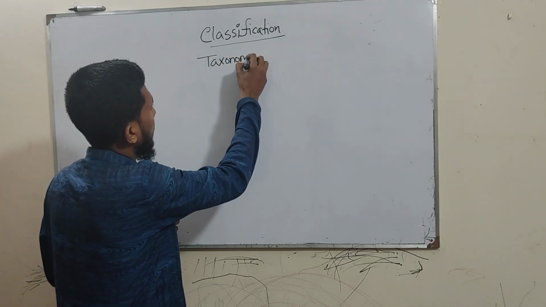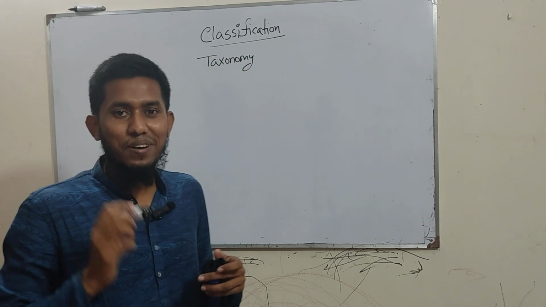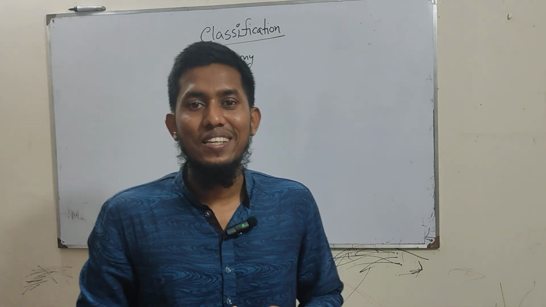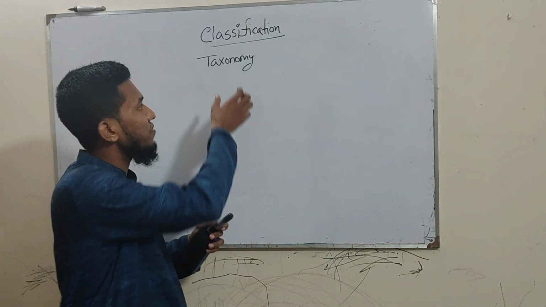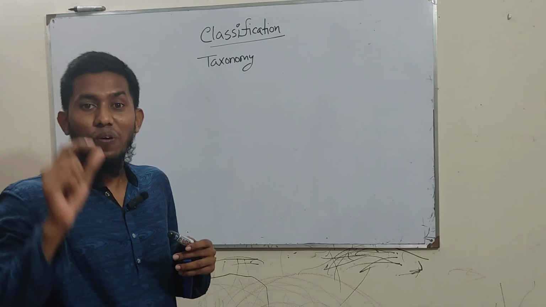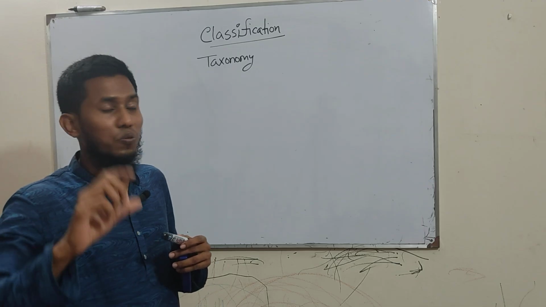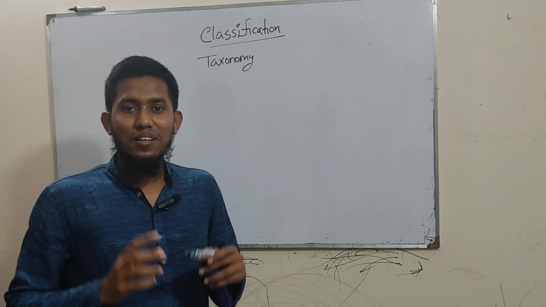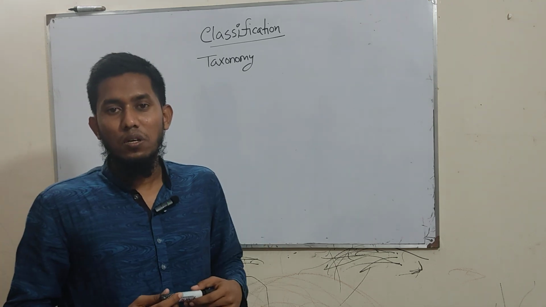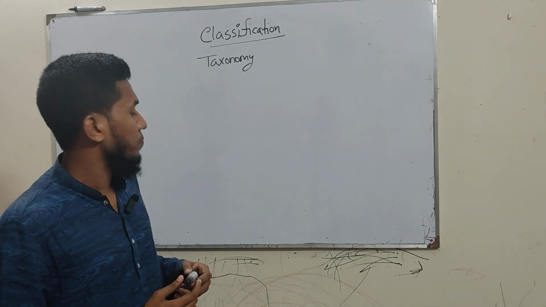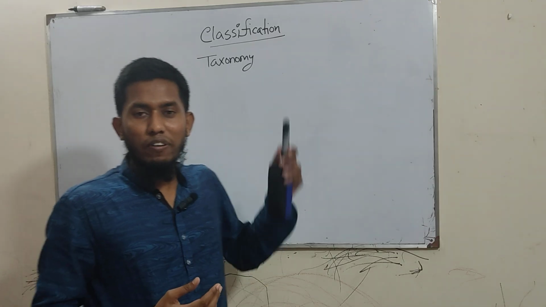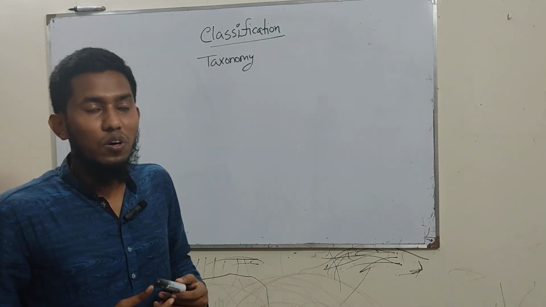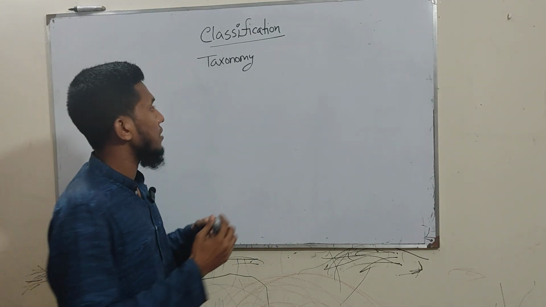Taxonomy is the branch of biology where classification is discussed. So a question may come: what is taxonomy? It is the branch of biology that deals with the classification of organisms. And who is called the father of taxonomy, or the father of classification?